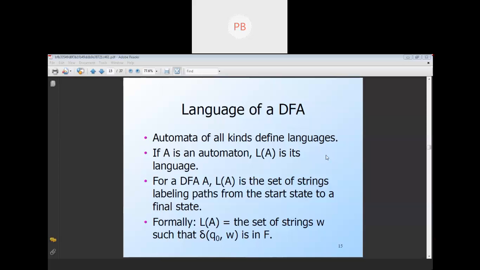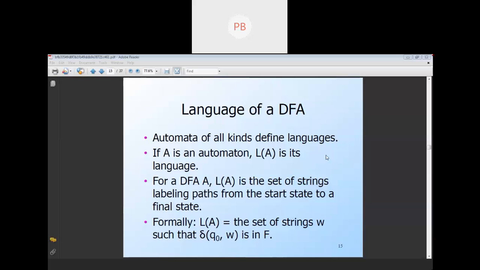There are several definitions or several points through which we can highlight the definition of a language. Basically, when we start the study of a machine, we start the study of the machine by using the automata, because automata means the study of machines.